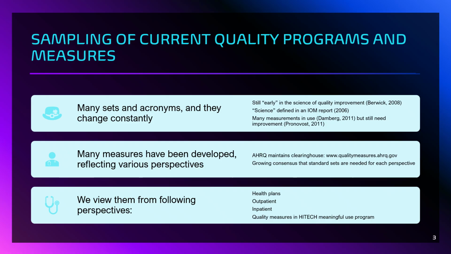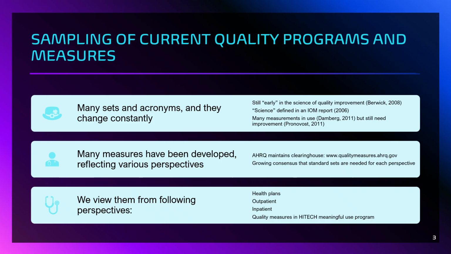But even with all of these measures, there's a growing consensus we need standardized sets. Without them, every organization is measuring quality in a different way, making it nearly impossible to compare performance or capture the full value of improvement efforts.